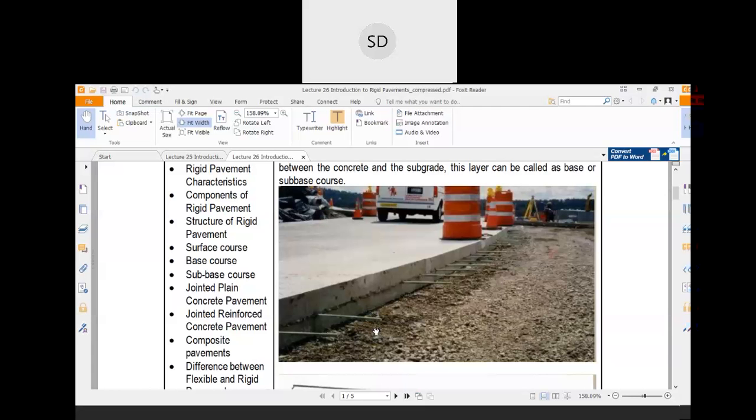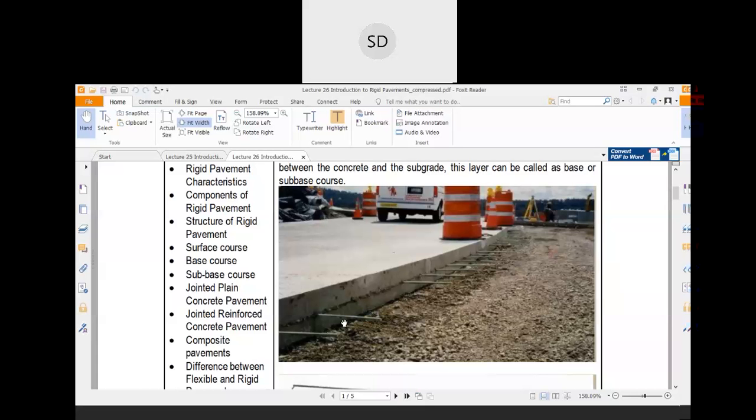One thing is that the reinforcement doesn't add any additional strength to the rigid pavement surface, because here all the loading conditions are compressive. Therefore this reinforcement has little impact on the strength parameters of the rigid pavement, but it will help to transmit load from one portion of the rigid pavement to another.